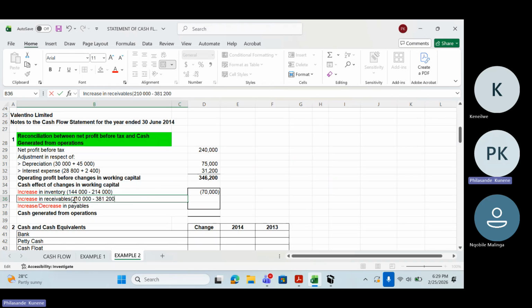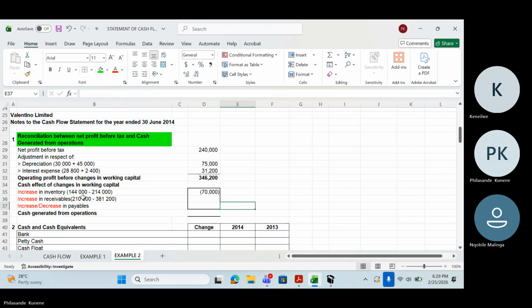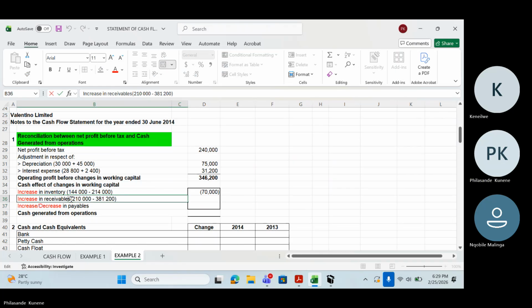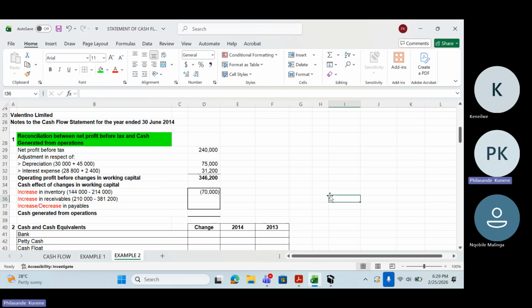So is this an inflow or an outflow? Increase in receivables. Outflow of cash. Why are we saying that? Because the debtors aren't paying back on time.